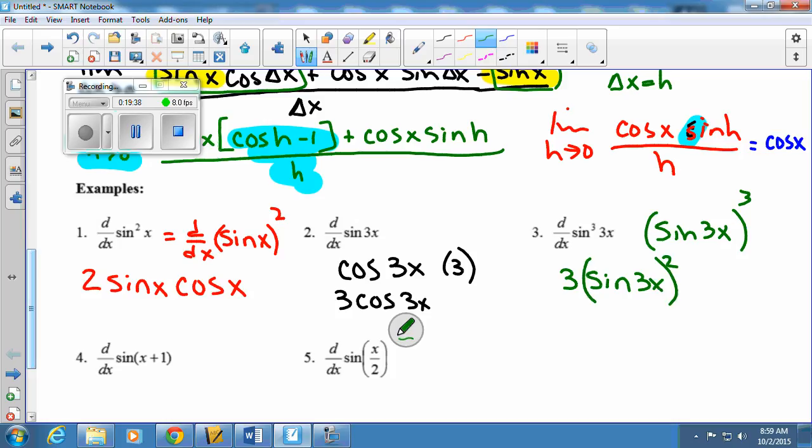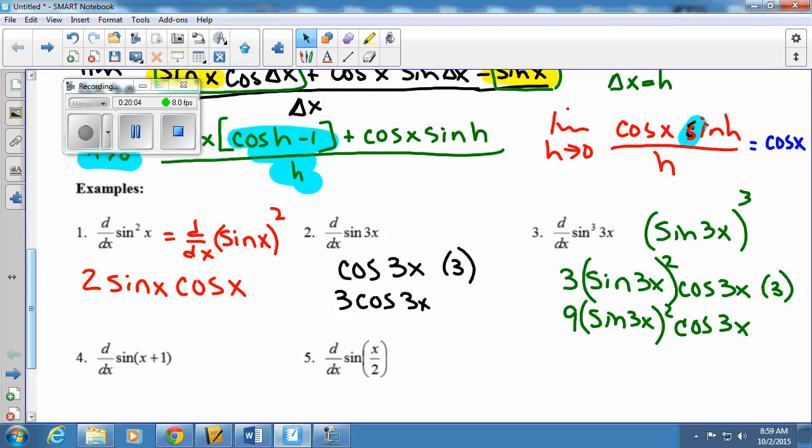Keep going. Dissolve the inside. What do you get? Keep going. There's another inside. It's like that M&M with, yeah. So I like to put that 3 out in front and get 9 sine of 3x squared cosine of 3x.